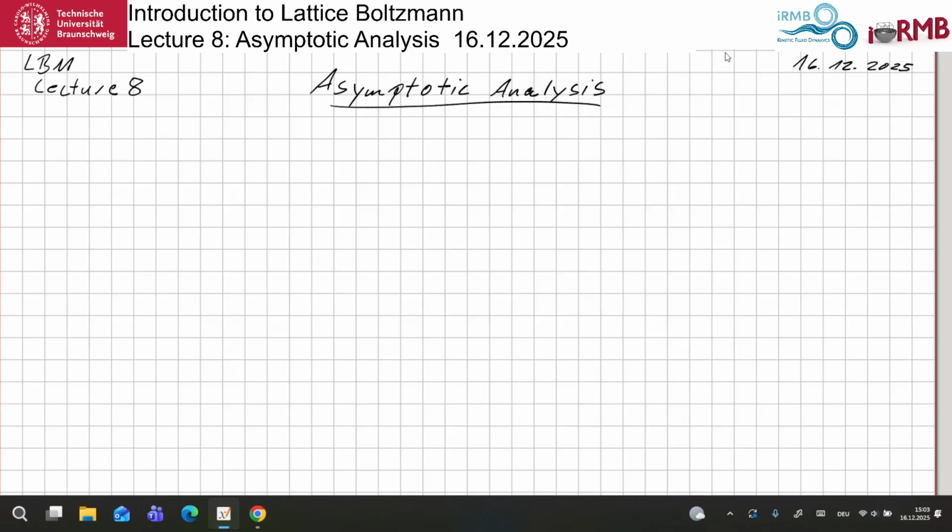So what we are going to do is we will have a particular example for this, namely we derive the equivalent partial differential equation that is solved by the lattice Boltzmann method, and we have to be specific here. We do this for the D2Q9 lattice BGK.